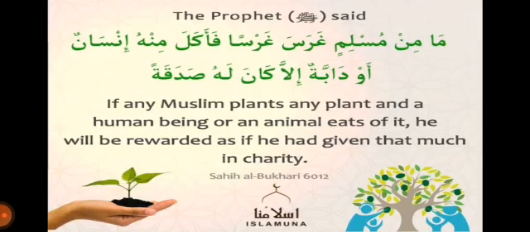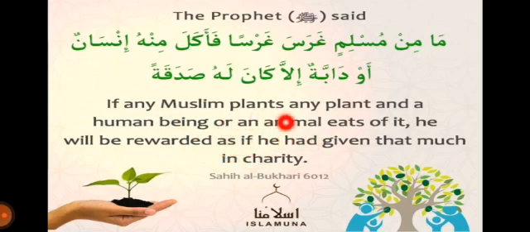Prophet Muhammad sallallahu alaihi wasallam said, "If any Muslim plants any plant and human beings or an animal eats of it, he will be rewarded as if he had given that much in charity." So, beta, it means that we should plant trees in our surrounding. We should make our earth green. If there will be more plants on our earth, then our earth will be supplied with a lot of oxygen.